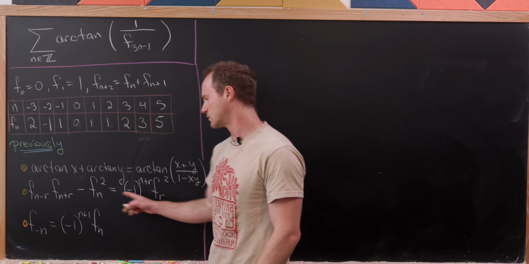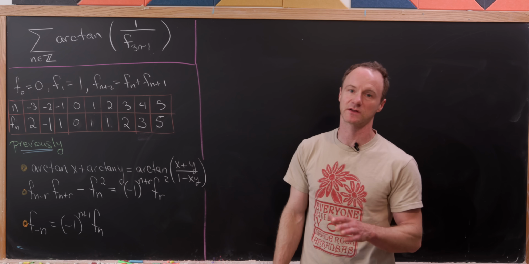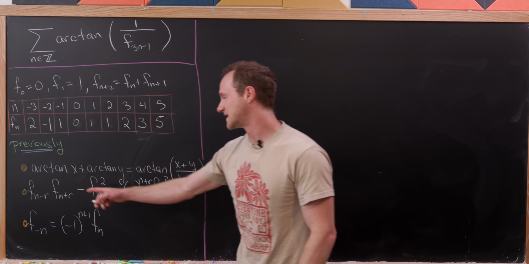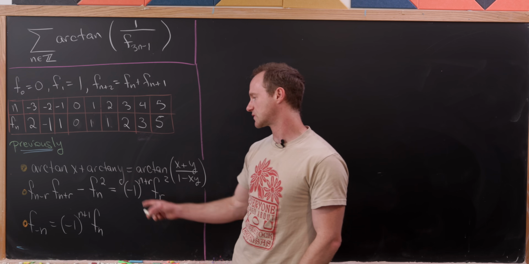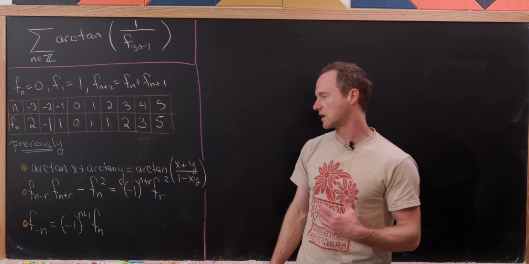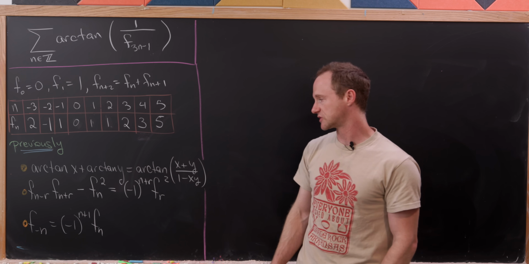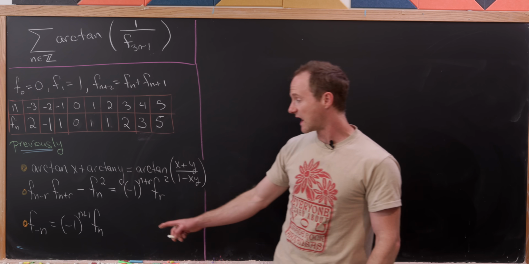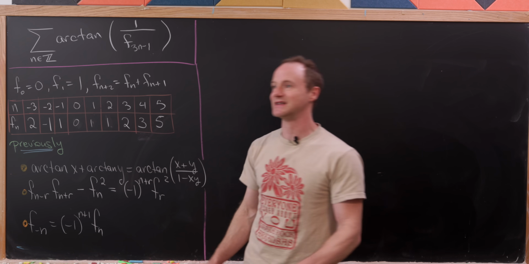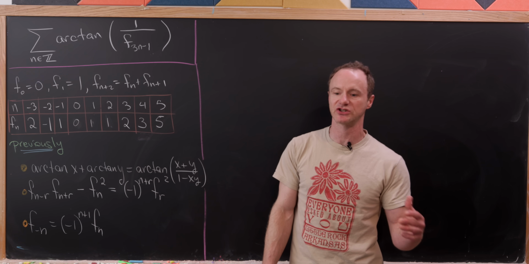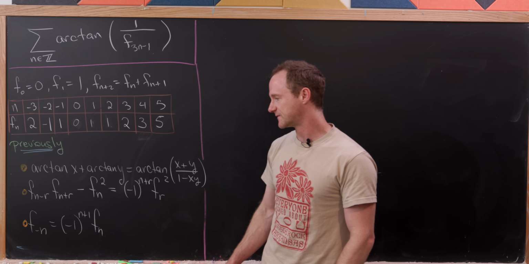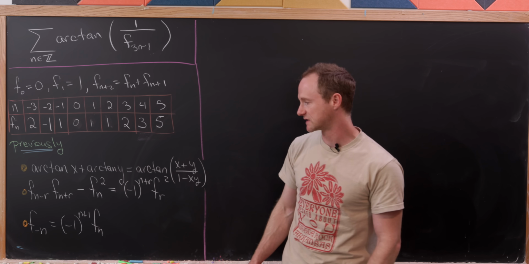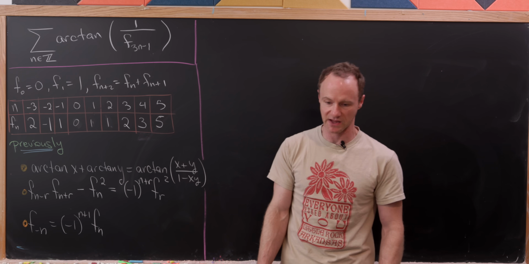And then we've got this thing which is a slight generalization of something called Cassini's identity, which says that f sub n minus r times f sub n plus r minus f sub n squared is (minus 1) to the n plus r times f sub r squared. And then finally, this thing that relates negative index Fibonacci numbers and positive index Fibonacci numbers, which says that f sub minus n is equal to (minus 1) to the n plus 1 times f sub n.